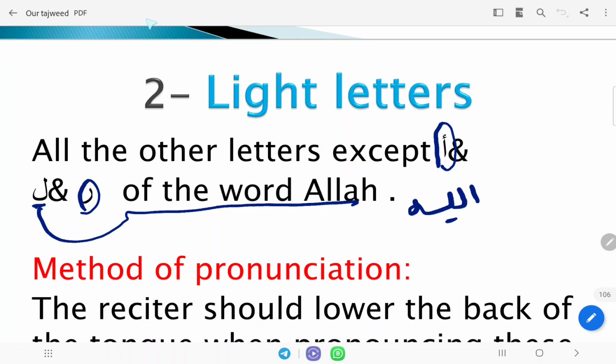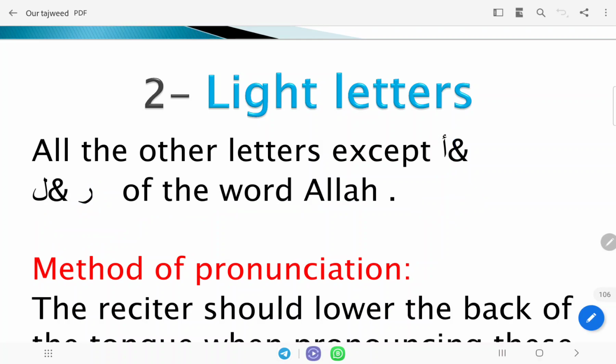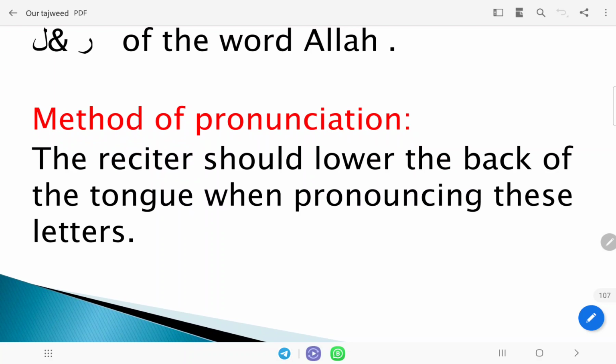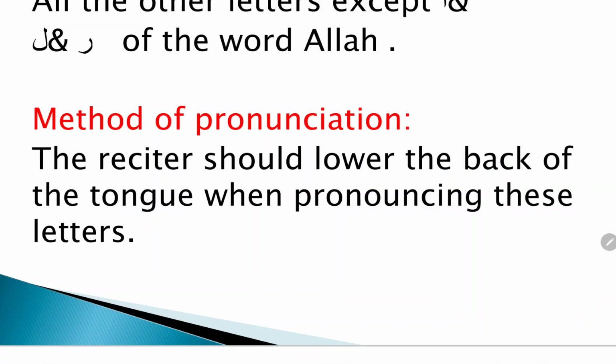Let's explain this. How to pronounce the light letters? When you find any of the light letters, you should lower the back of the tongue when you pronounce this letter.